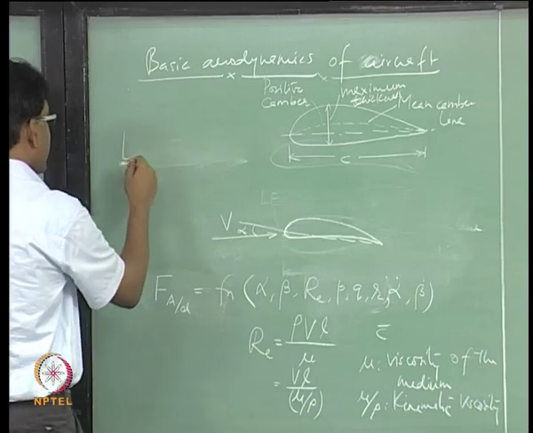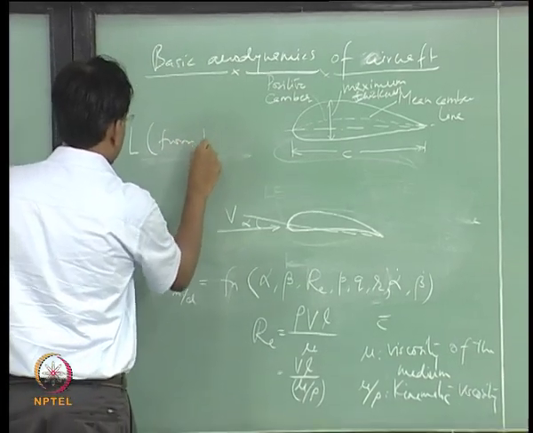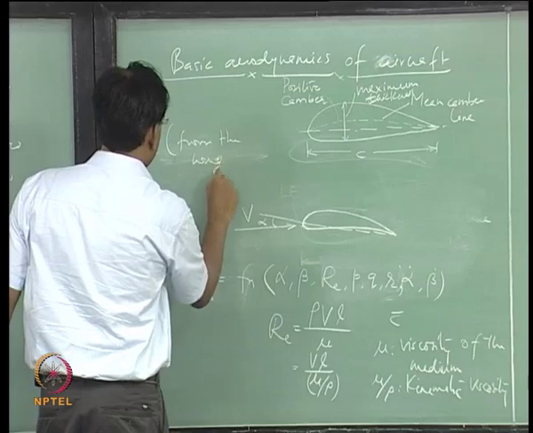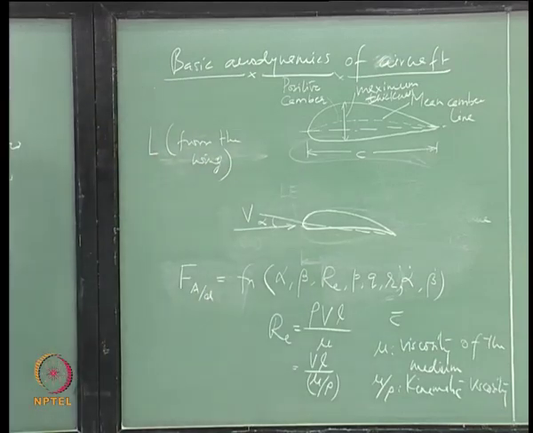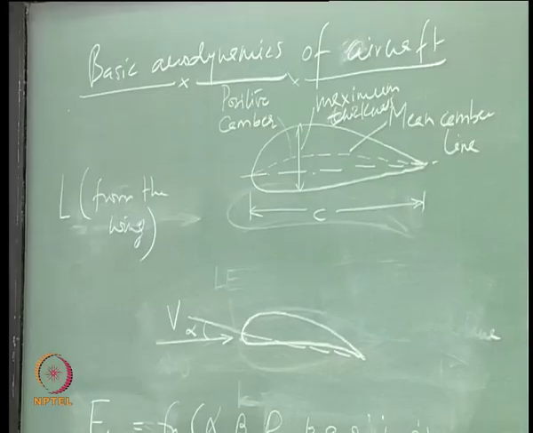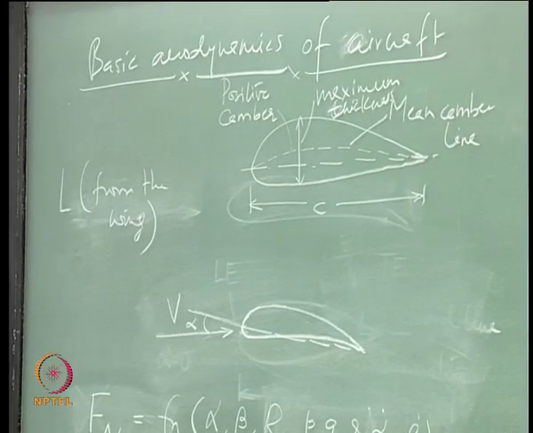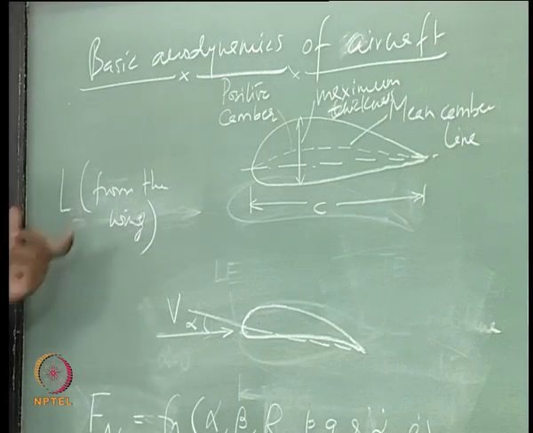So, major contribution coming to the lift is from the wing. Let us say we have decided on an airfoil for the wing. Now, after deciding that, the wing is formed, and now what we want to do is we want to change this lift. So, there will be a lift corresponding to each angle of attack because of the airfoil that we have chosen. Now, what we want to do is we want to increase the lift in flight.